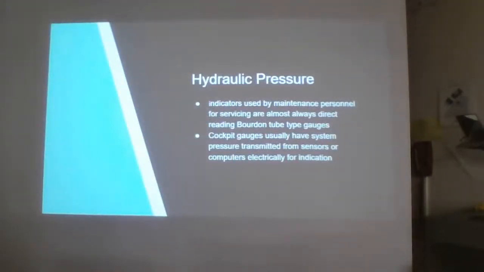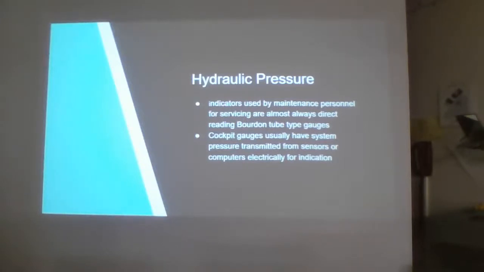Indicators used by maintenance personnel for servicing are almost always direct reading Bourdon tube type gauges. Cockpit gauges usually have system pressure transmitted from sensors or computers electrically for indication. Okay, so we will typically see both gauges, because we'll be in the cockpit doing functional checks and running engines.